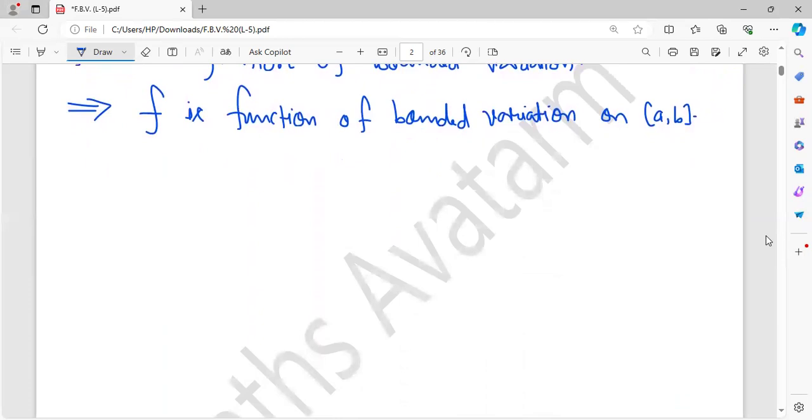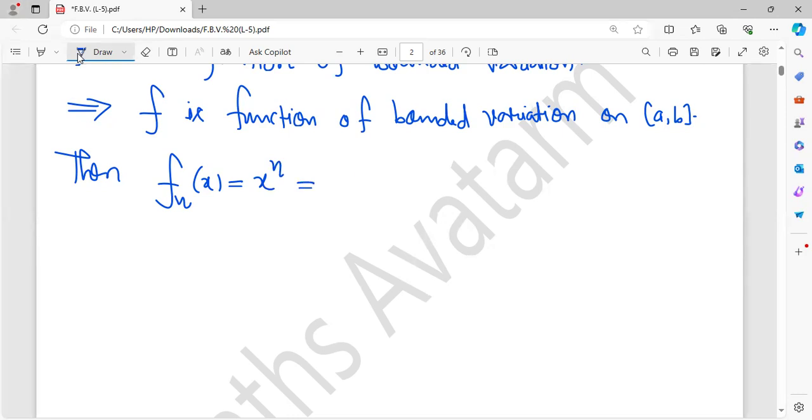Now, if f(x) equals x is a function of bounded variation, then by the last lecture, f_n(x) equals x to the power n.